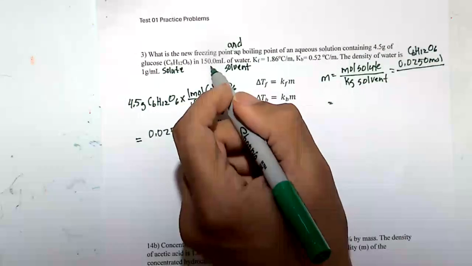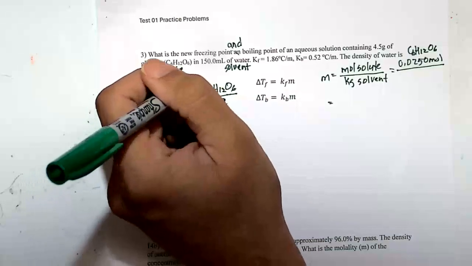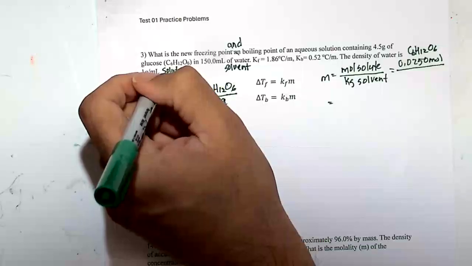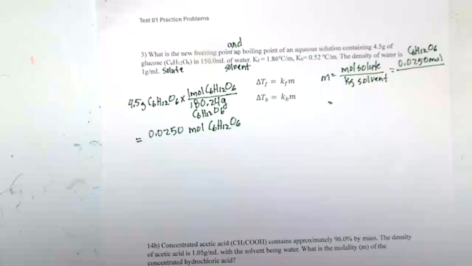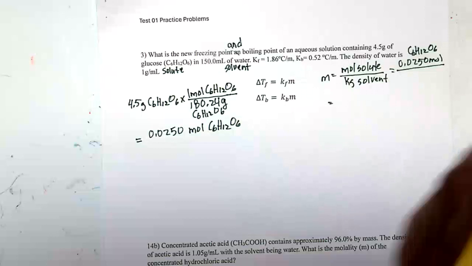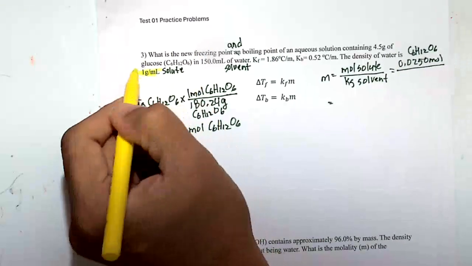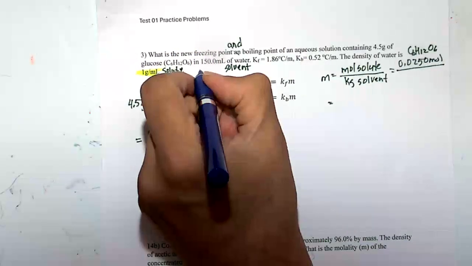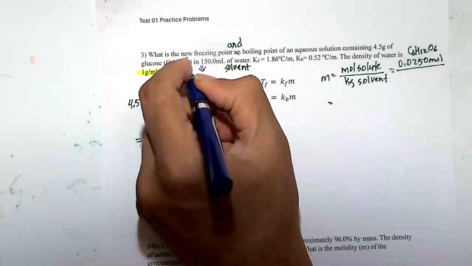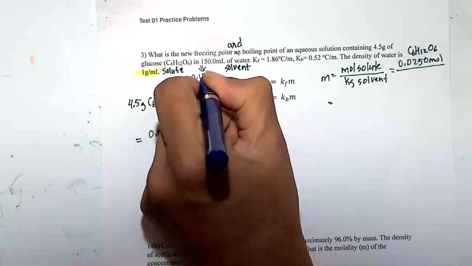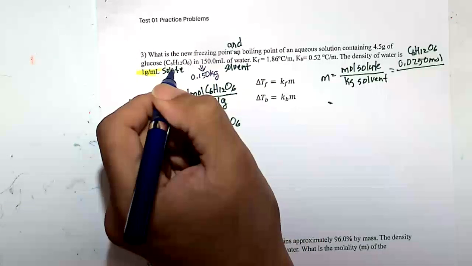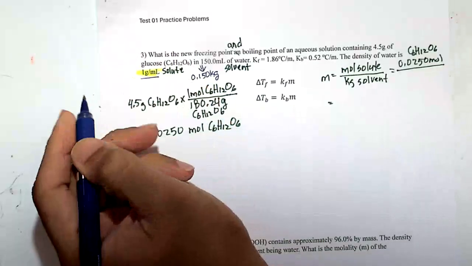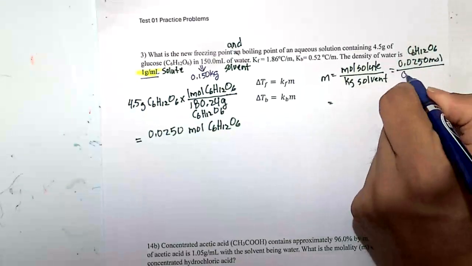Okay, what is kilograms of water? 150 milliliters is about 150 grams, because of the density of water. So 150 milliliters is about 150 grams, which is about 0.15 kilograms. I'm converting it to grams using the density.